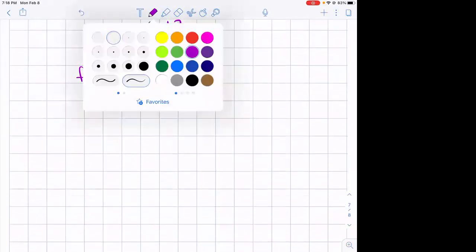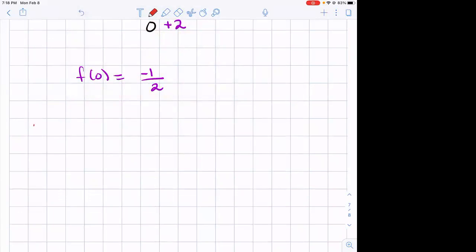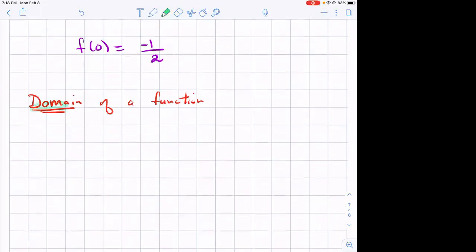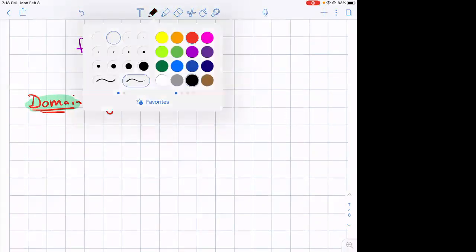We'll talk about the domain again later. The domain of a function is the set of all acceptable values of the function, okay, the set of all acceptable values.